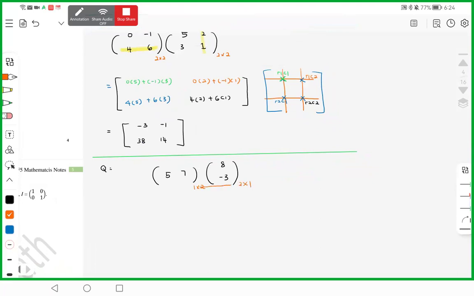So this one cancels. When the number is the same, you have to cancel it, so that you are very clear that your output is only 1 times 1.